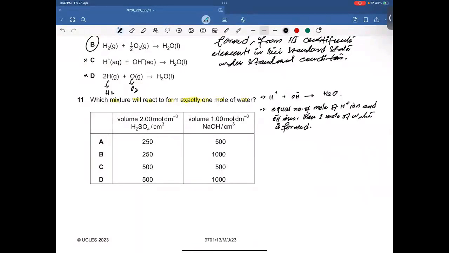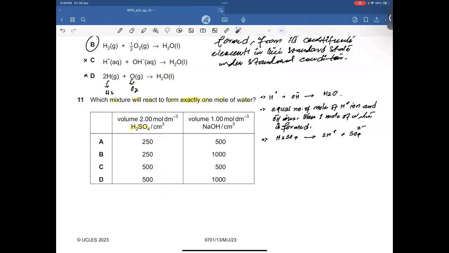One more thing. In this question, I'm using H2SO4, and H2SO4 is a dibasic acid. So when you ionize this H2SO4, it is converting into 2 hydrogen ions and a sulfate ion, which means the molar ratio between H2SO4 and hydrogen ion is 1:2. So whatever you will get in these options, you need to multiply those values by 2, all right?